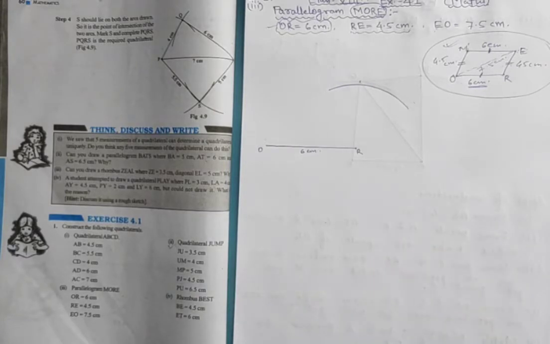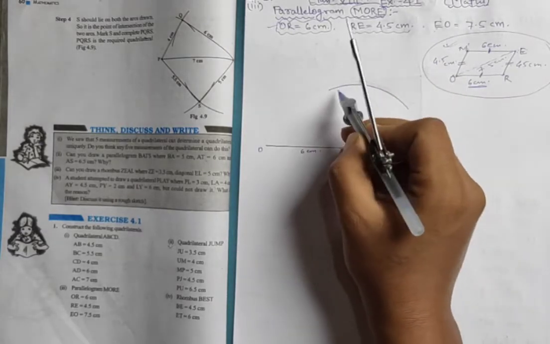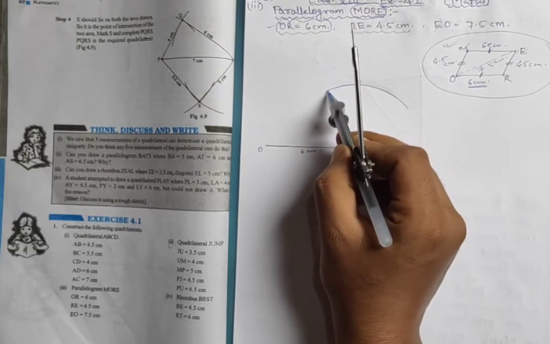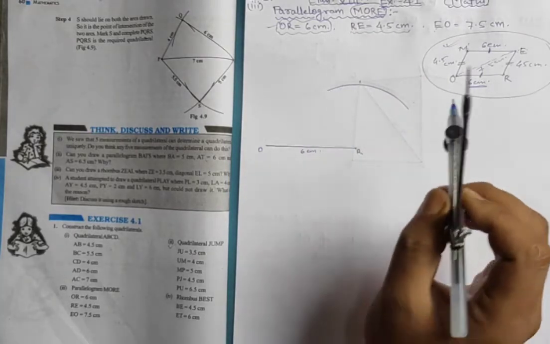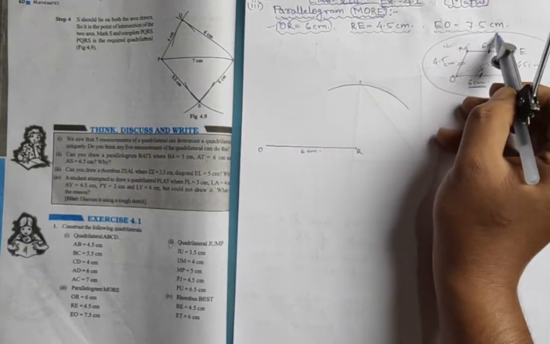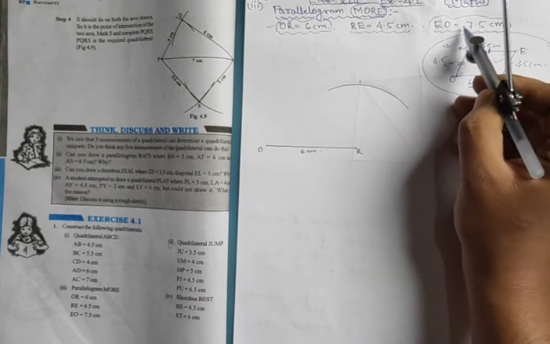Okay. Now, since E is a point which we have to find, E is anywhere from there to there. So the third measurement which is given, EO, that means OE equal to 7.5 centimeter.